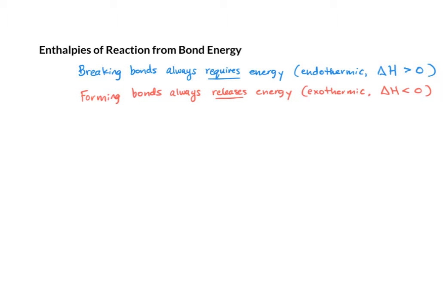With these two concepts in mind, we can consider at the most fundamental level the process of a chemical reaction or chemical transformation being one in which bonds are broken and new bonds are formed. The breaking of bonds requires energy, and the formation of new bonds releases energy.